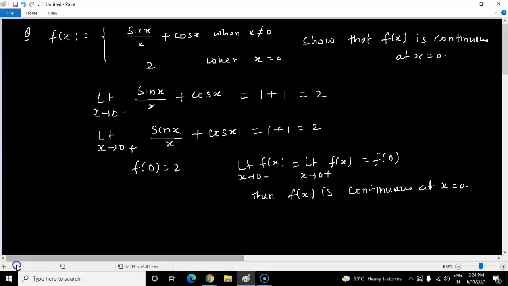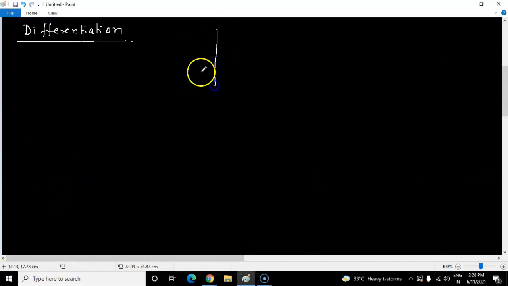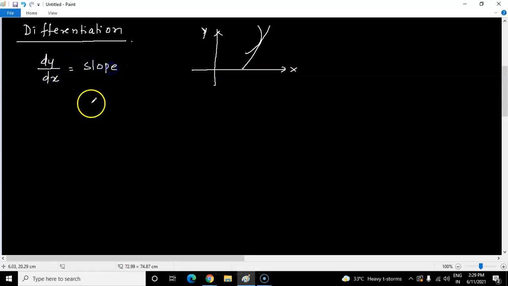Like any function if you are given here, this is the y-axis and this is the x-axis here. So here this is slope. Okay. So slope is called dy by dx. That is the same as when you study in the coordinate geometry.